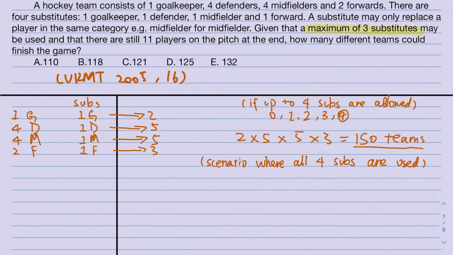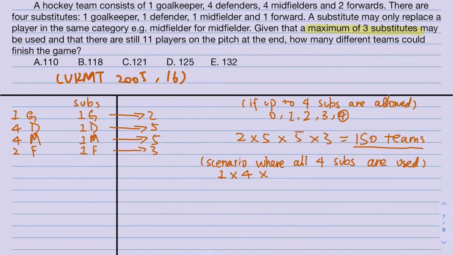So we could have 1 possible choice for the goalkeeper because there's only 1 goalkeeper and 1 sub. So that's 1 times 4 different choices for defenders, because let's say we have defenders A, B, C, D. If we have defenders A, B, C, D, each of them we could make a substitute, we can put the substitute in its place. So we have 4 choices for defenders.